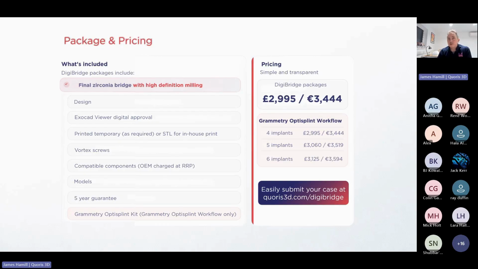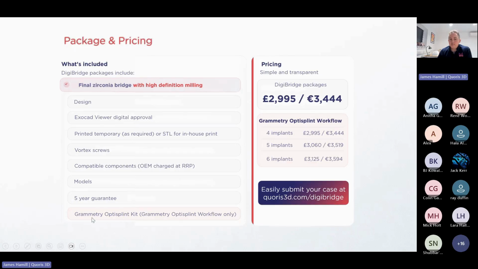If you use vortex screws for direct MUA, it's also included, as are your compatible components. So we've partnered with IPD, like we've done with some of our other product ranges, to provide all the components within the bridges, should it be analogues and screws and various tie bases, that's all there. All your models, should we need to make any models, you get a 5-year guarantee on the bridge.